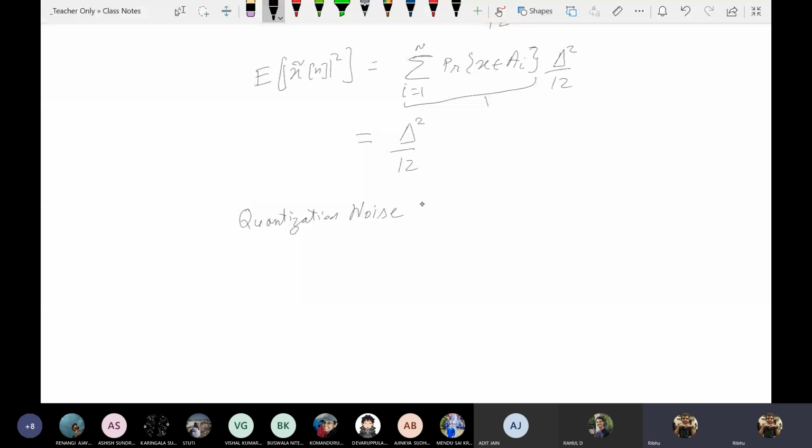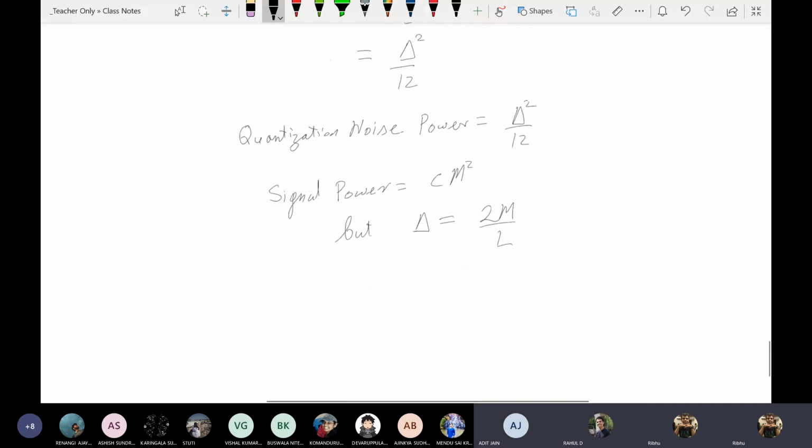Quantization noise power equals delta square by 12. Signal power equals Cm square, but delta equals 2m divided by L. We had talked about this earlier.